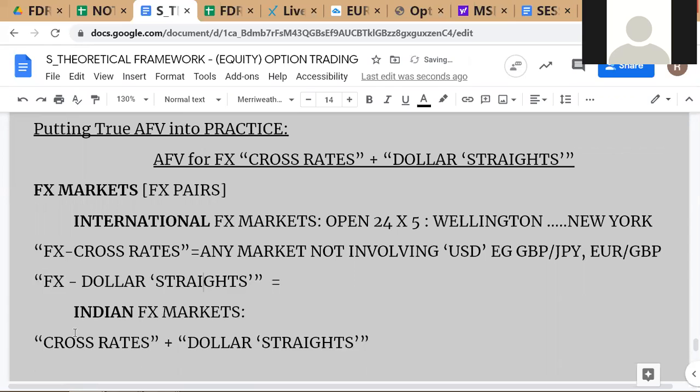I want to just fit everything in one line. So FX dollar trades, so this is very simple. Any market involving the US dollar.